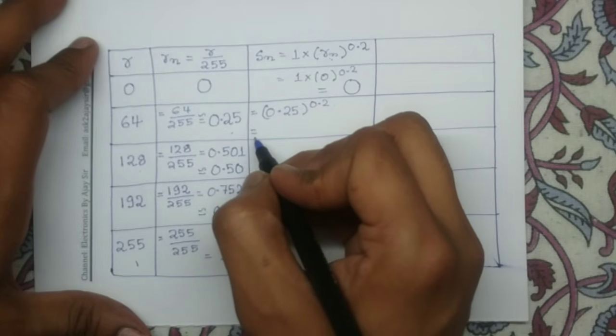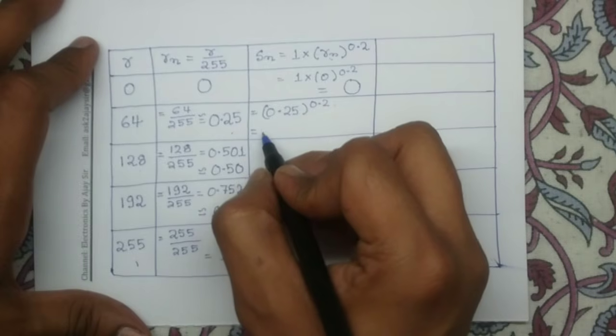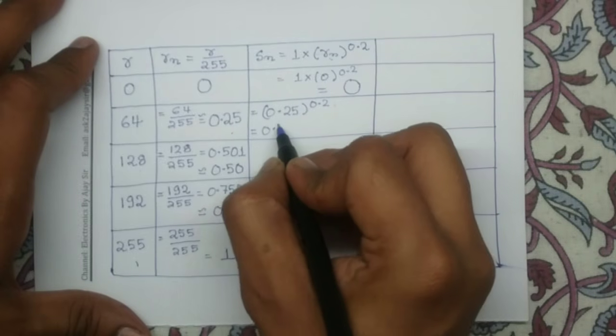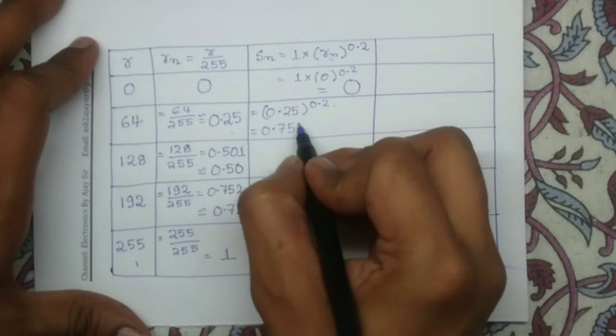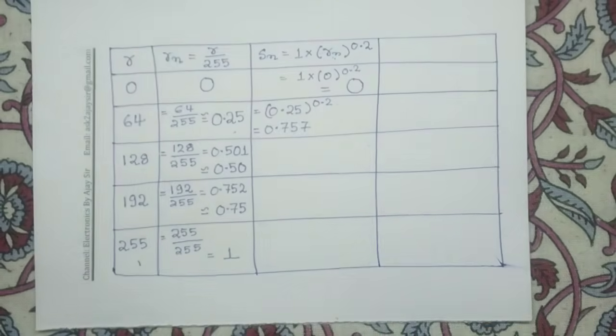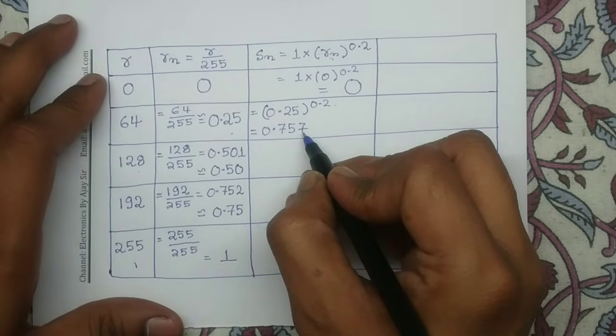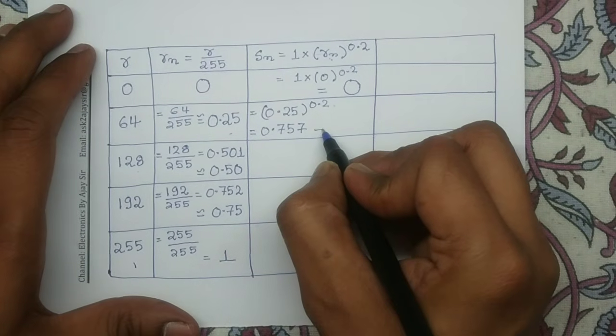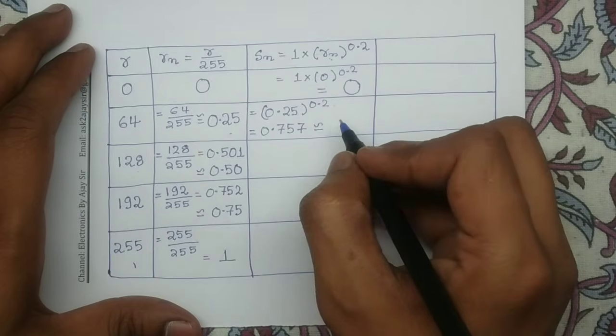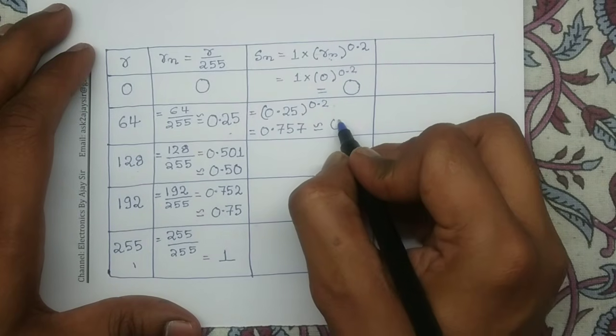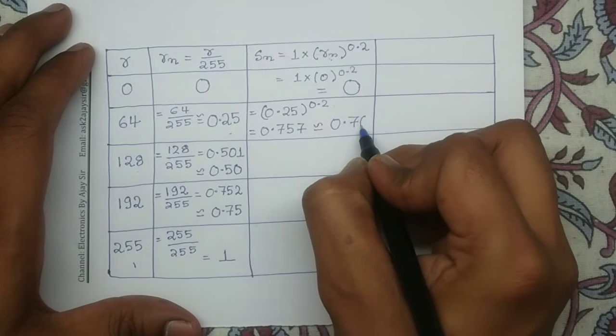If you solve this expression, it equals 0.757. And next we will round off this floating point number up to 2 decimal places. So it is approximated to 0.76.